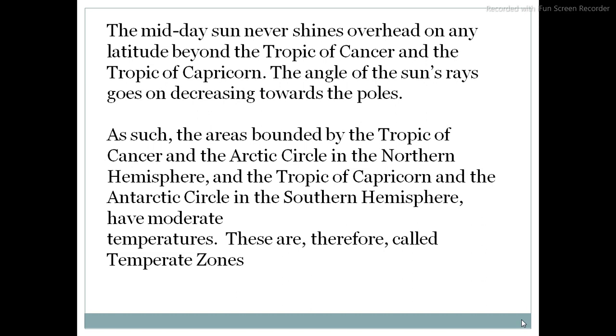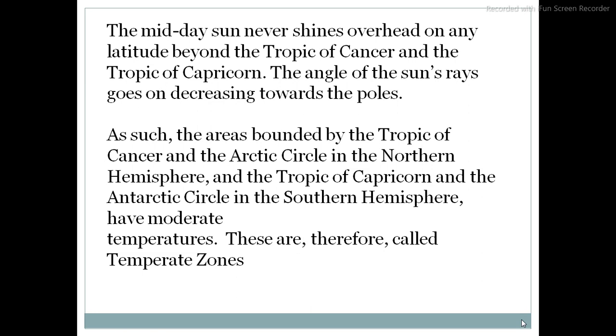As such, the area bounded by the Tropic of Cancer and the Arctic circle in the northern hemisphere, and the Tropic of Capricorn and the Antarctic circle in the southern hemisphere, is moderate. They have moderate temperature. So these are called the temperate zone.